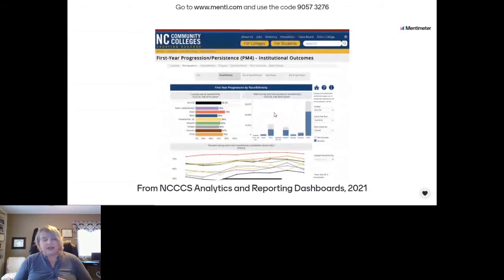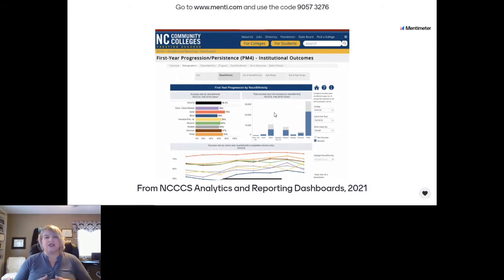Looking further into the data, we can see that minority groups, certain race and ethnic groups, have a lower persistence rate than non-minorities or white students. White students have a 70% persistence rate, and if you look collectively, minority students have about a 60% average.